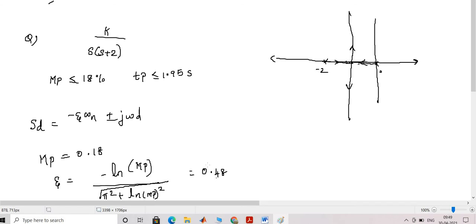Now what is our peak time? Peak time Tp is given in the question: it is less than or equal to 1.95 second. The equation of peak time is pi by omega d, where omega d is the damped frequency of oscillations. Omega d is equal to omega n into square root of 1 minus theta square.